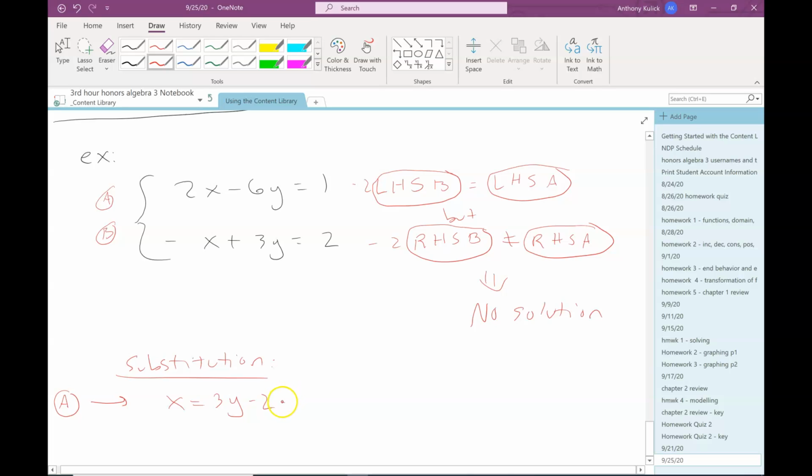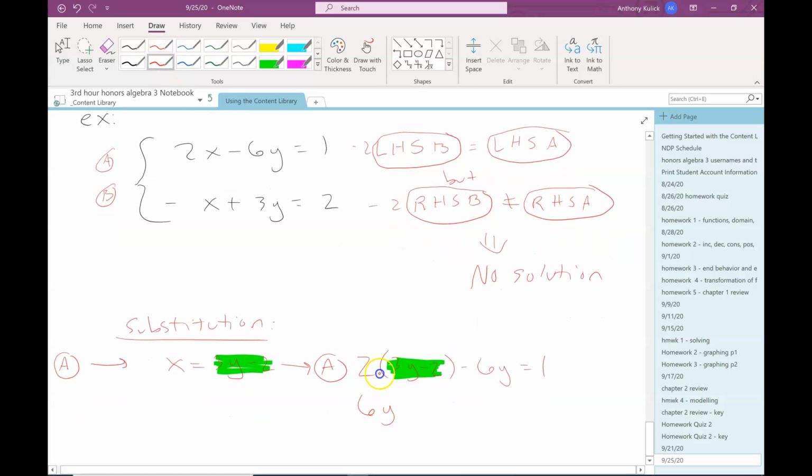And then we're going to plug that into a, excuse me. So that's 2 times 3y minus 2 minus 6y equal to 1. So again, this is my value for x that I've plugged into a.